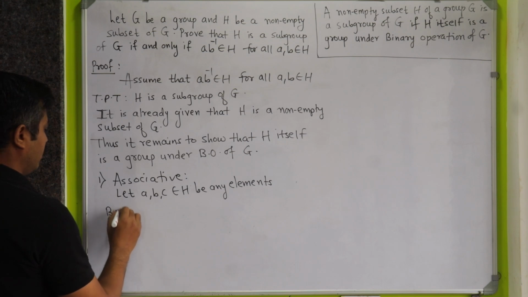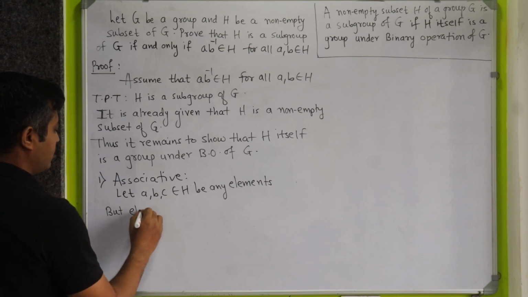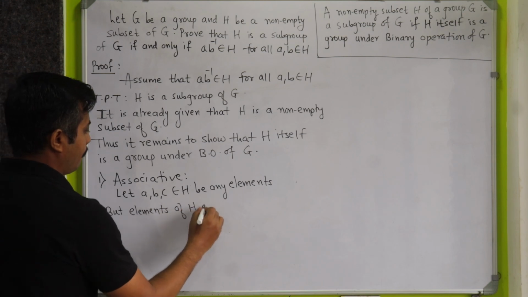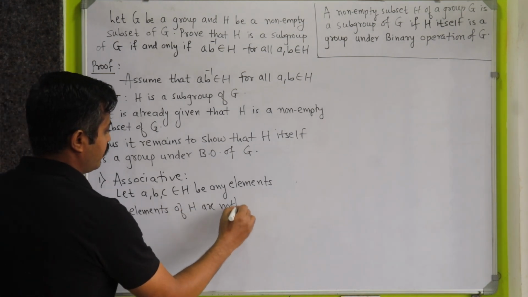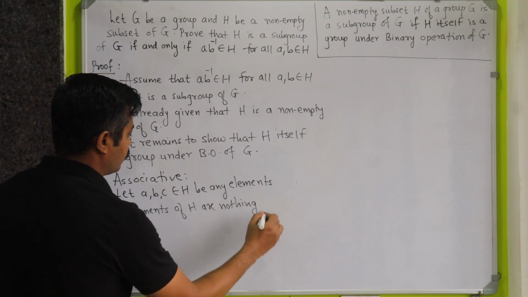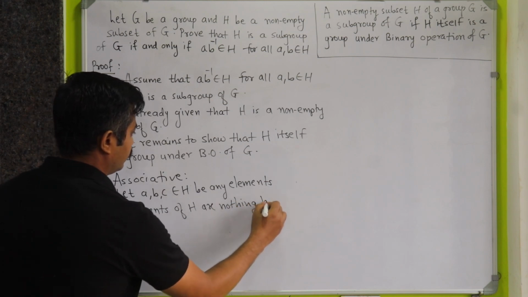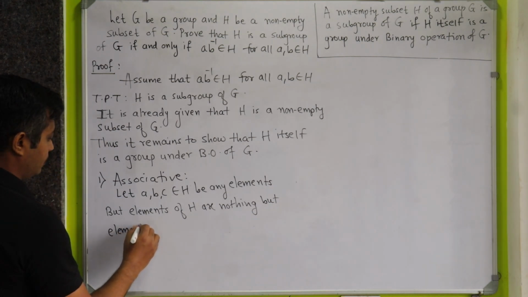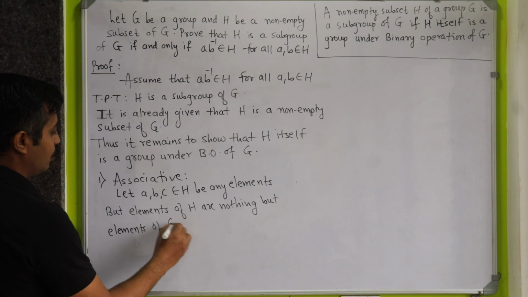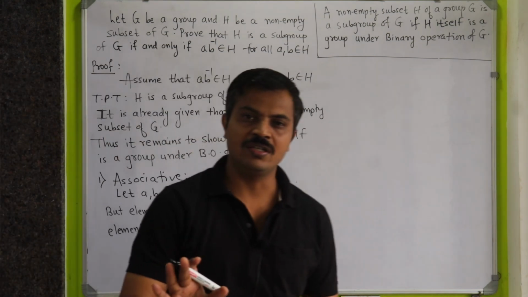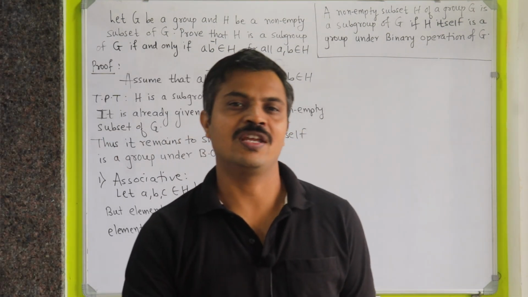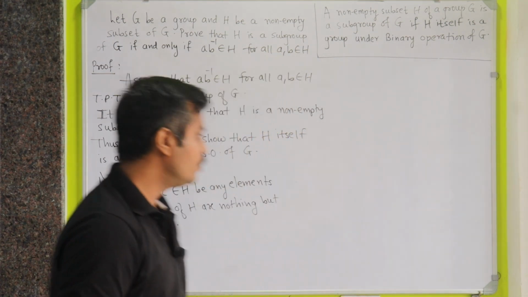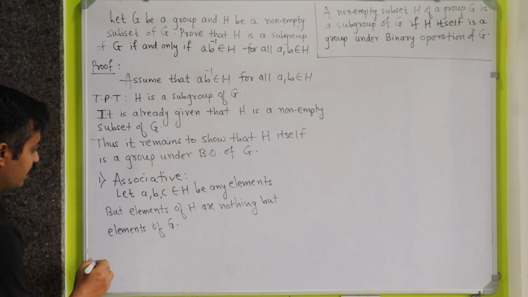But elements of H are nothing but elements of G. Why? Because H is a subset of G. And we already know that elements of G satisfy associative property, and therefore elements of H will also satisfy the associative property.